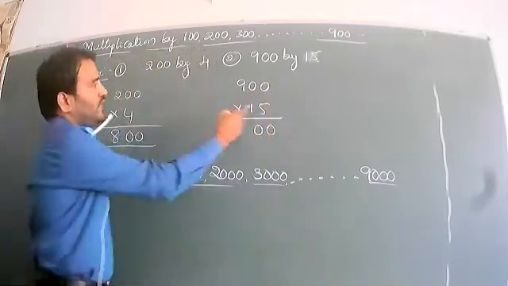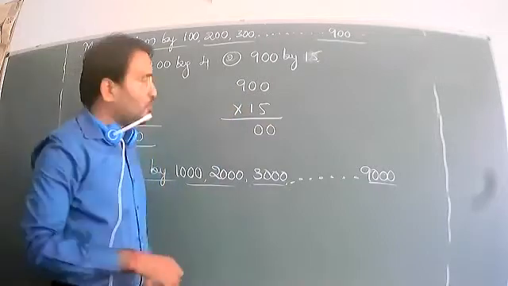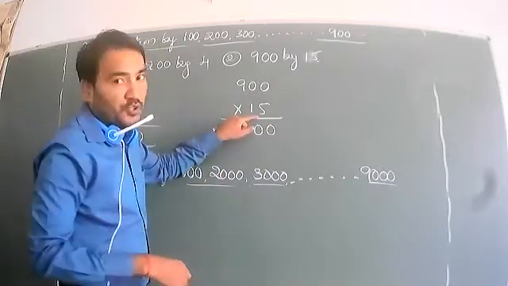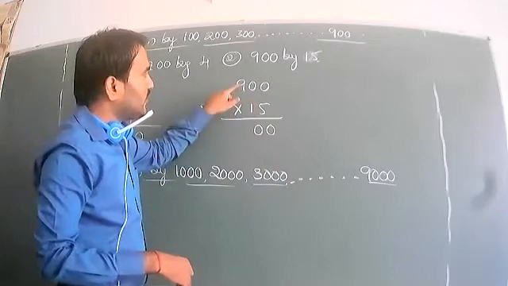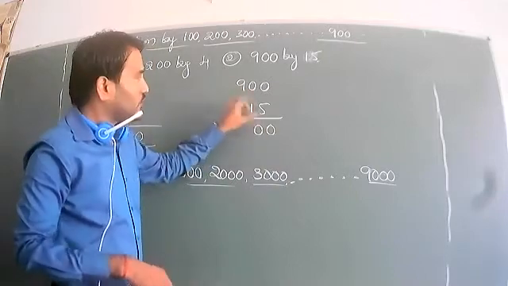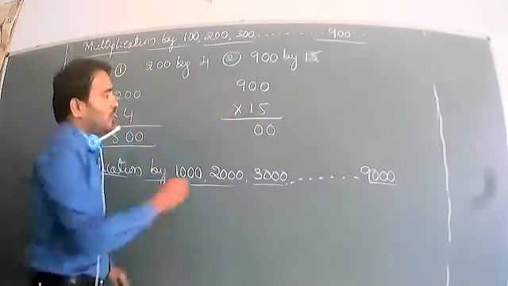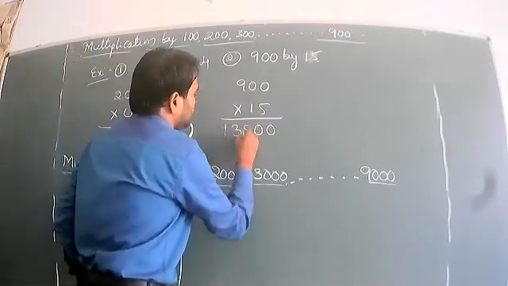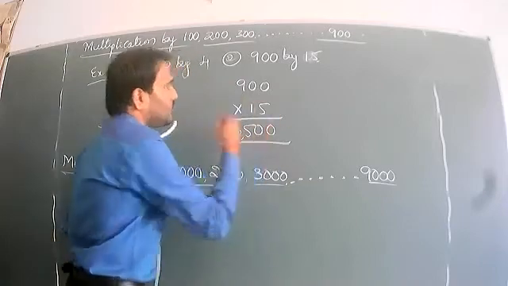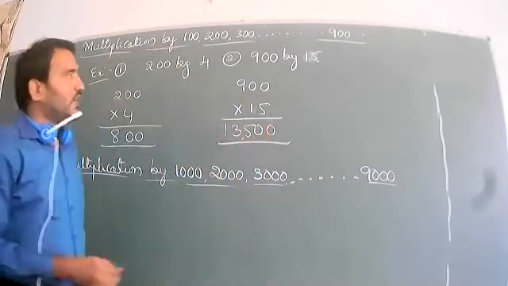Only the numerals 9 and 15 are there. Then multiply the numerals. First multiply 15 and 9. 15 nines are 135. So 13,500.